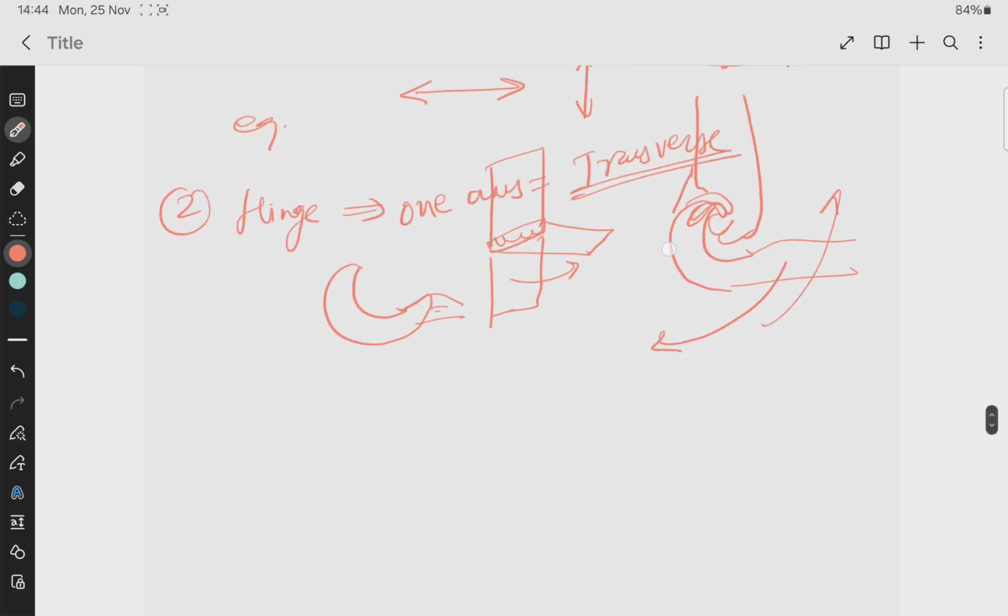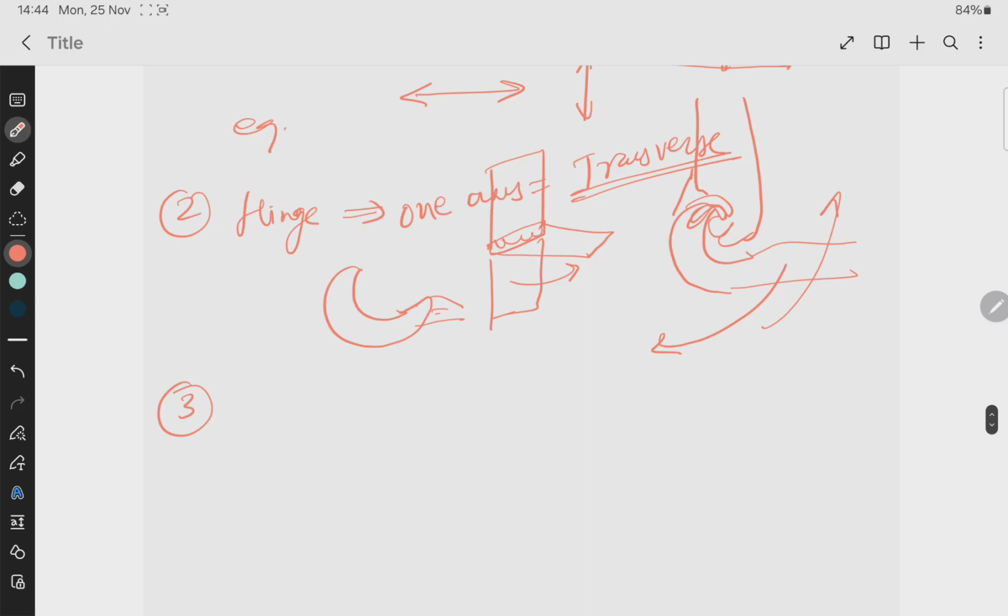Third type, that is uniaxial. Apart from hinge, which occurs at only one axis, the transverse axis, another joint is called the pivot joint. This occurs around a vertical axis.